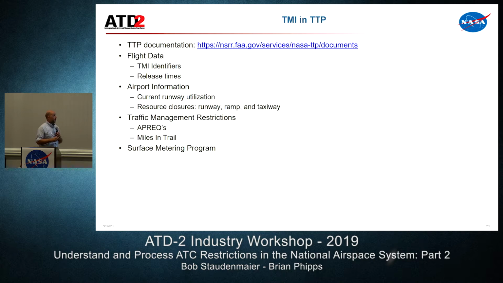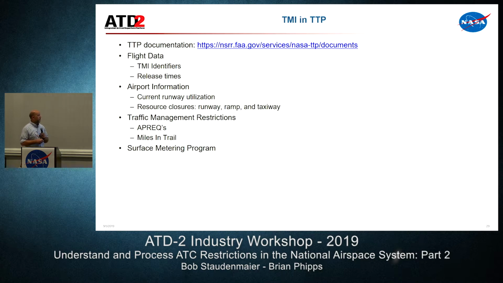Additionally, there are the airport information elements underneath the TTP data. We'll send in the current runway utilization, as well as the runway, ramp, and taxiway closures. Under the traffic management restrictions, I just wanted to point out a different acronym than we've been using so far. We've been using Traffic Management Initiative. TTP refers to those as Traffic Management Restrictions, or TMRs.